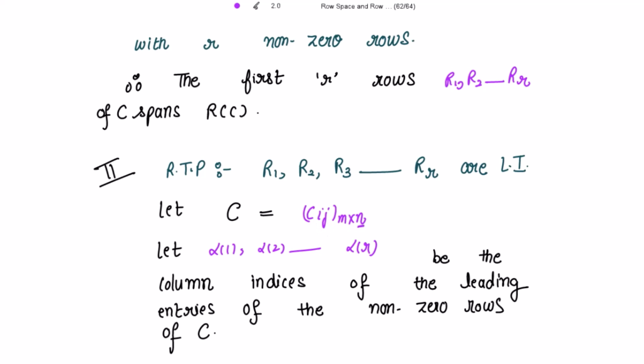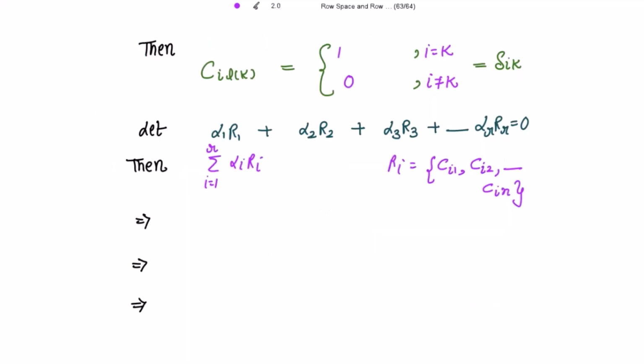These are the number of columns and these are the number of rows. So that is why the last element is present at the ith row nth column for the ith row, right? So this is equal to 0. And now I am writing this R_i as C_ij, right, for j equal to 1, 2, 3 up to n.